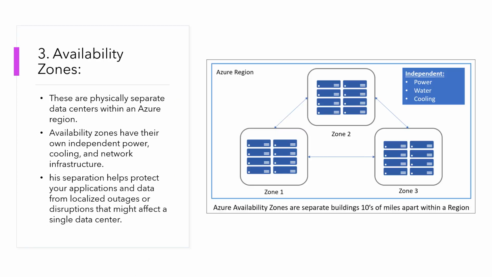Now the next is availability zone. Availability zones are physically separate locations within an Azure region. Each zone has one or more data centers.